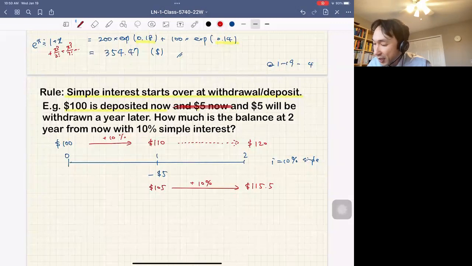If simple interest does not reset at any withdrawal and deposit, it's too complicated because we have to think about the baseline, based on which principal we calculate simple interest. So our conventional way to calculate simple interest is that it starts over at each withdrawal and deposit.